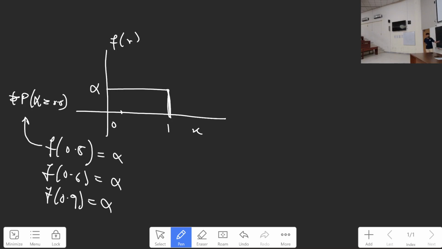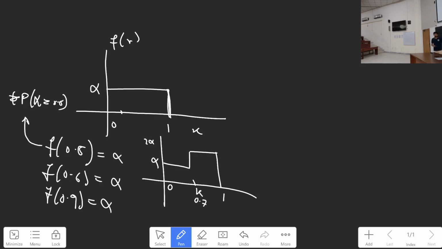Okay, so this relative likelihood is going to help us define this. Let's say there was another case where, beyond a value k, it took values alpha and 2 alpha. Okay, so let's say this is 0.7.